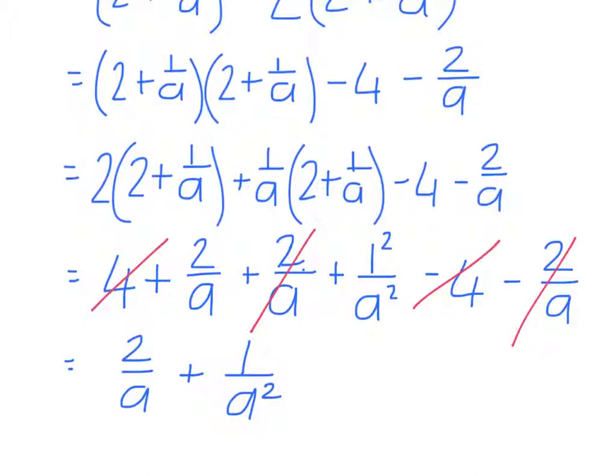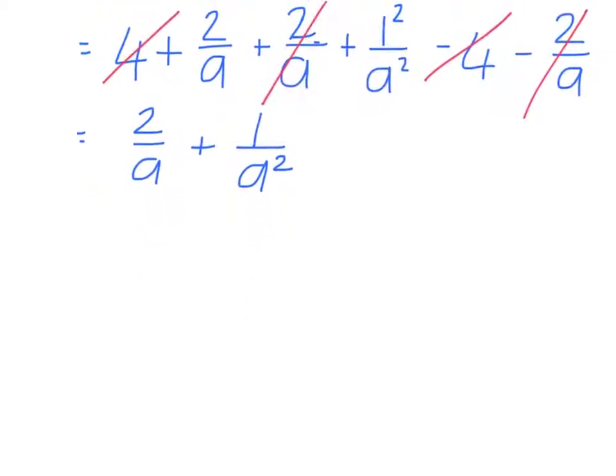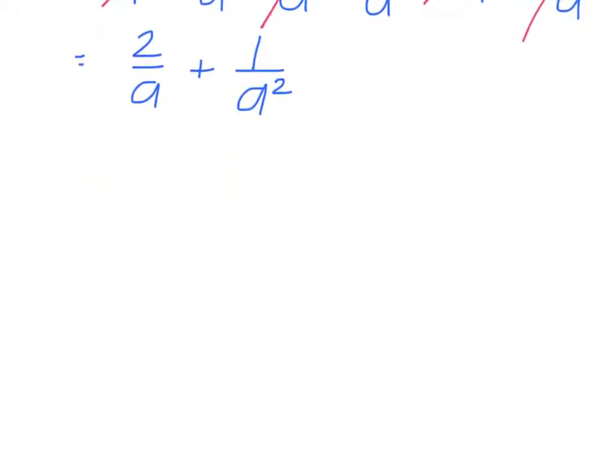Now, we're trying to show what was written at the top of the page, which is slightly different from this. It's just a single fraction, so we need to try and combine these two fractions. At the moment, they have different denominators. If we simply multiply by a on the top and the bottom, that will give us the required common denominator of a squared.